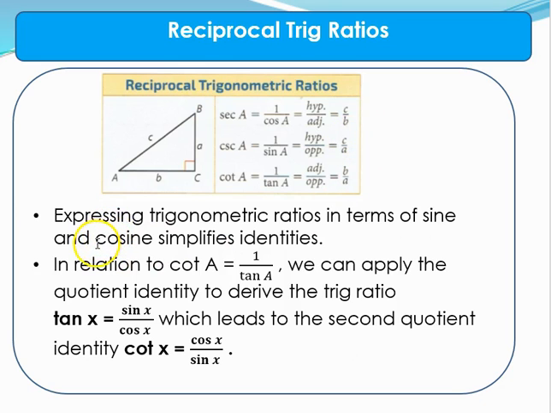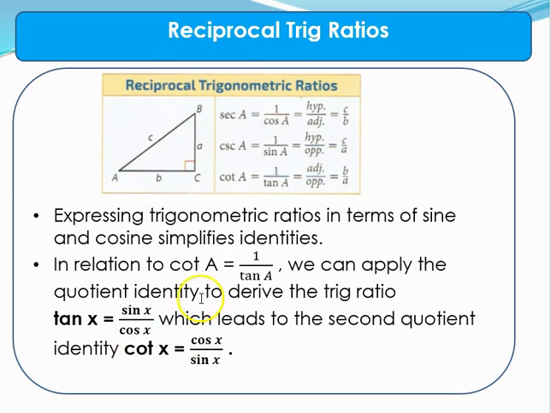Expressing trig ratios in terms of sine and cosine simplifies identities. So when we're working a couple of these problems, the idea is to substitute with more familiar identities to be able to work them. In relation to, as an example, cotan A equals 1 over tan A, we can apply the quotient identity to derive the trig ratio tan x equals sine x over cosine x.